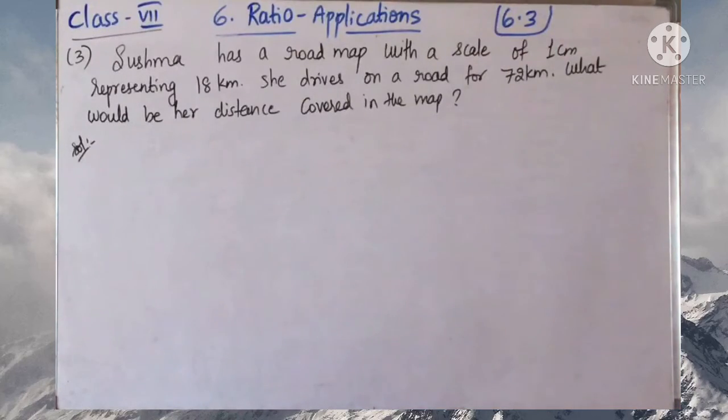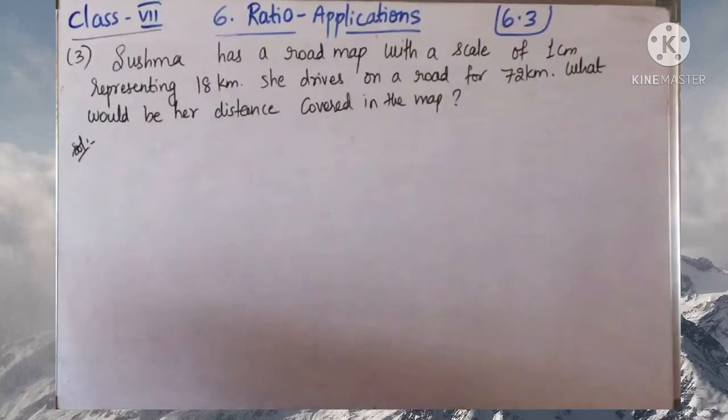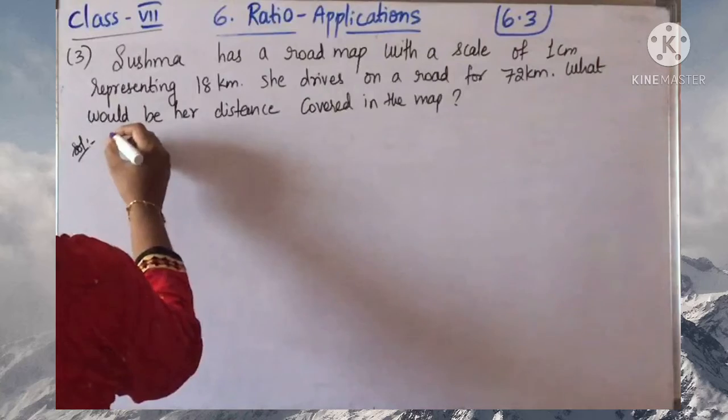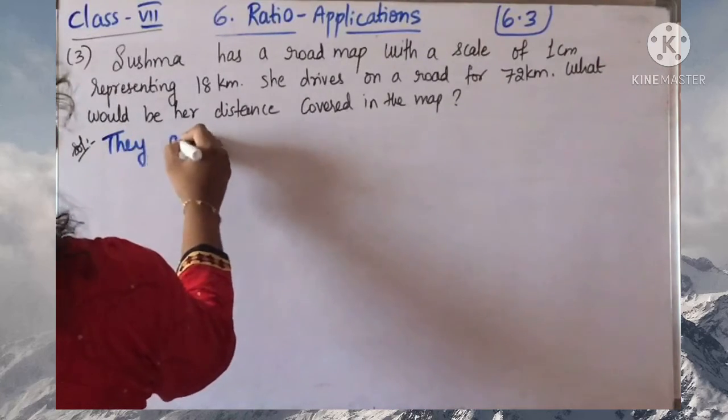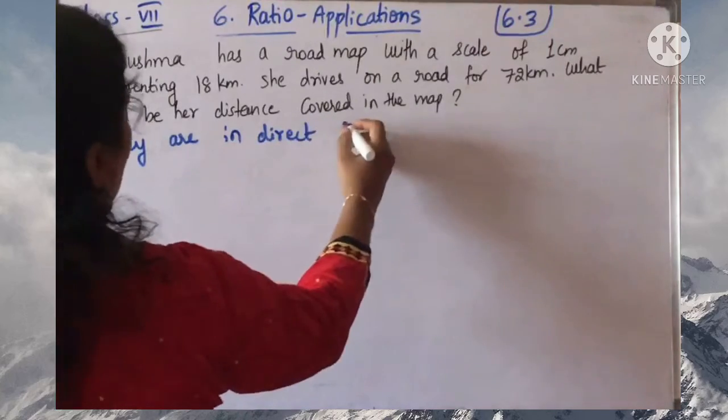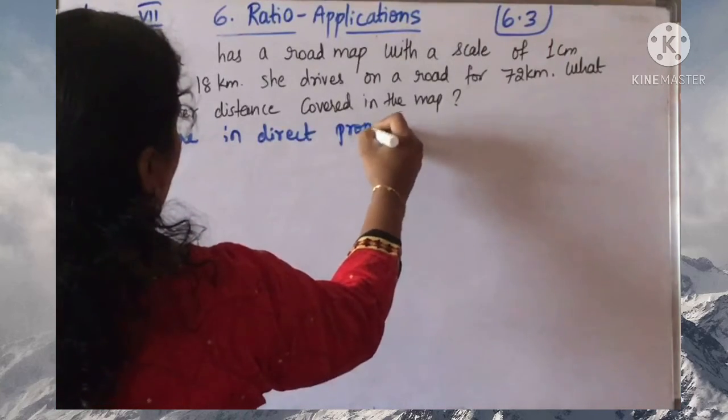As the distance is more, the value in the map will also be more. If the distance is less, the value in the map will also be less, right children? So both increase, both decrease. That is, they are in direct proportion. If both increase or both decrease, we can call they are in direct proportion.